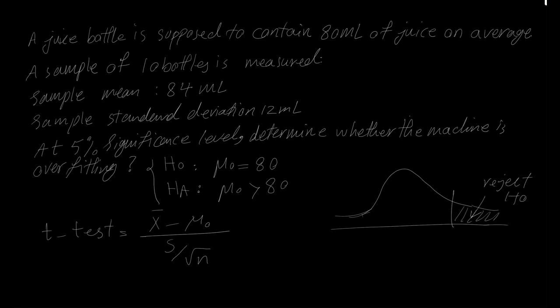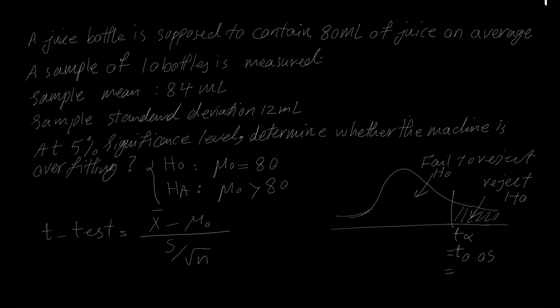Here we reject the null hypothesis, and here we fail to reject the null hypothesis. This point is T of alpha. So one approach is to compute the t-test statistic and compare it with T of alpha. And T of alpha here is T of 5%.